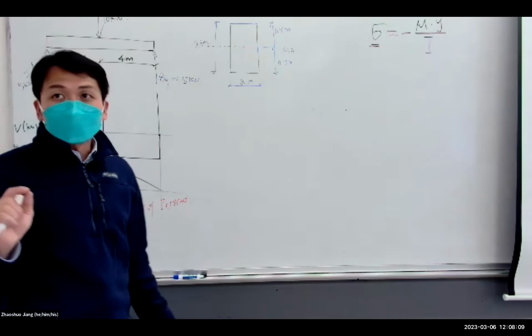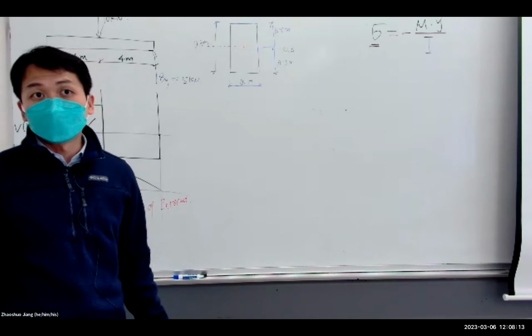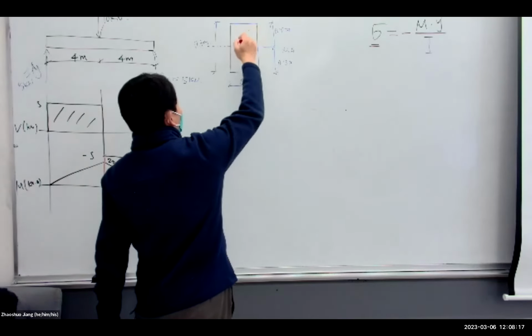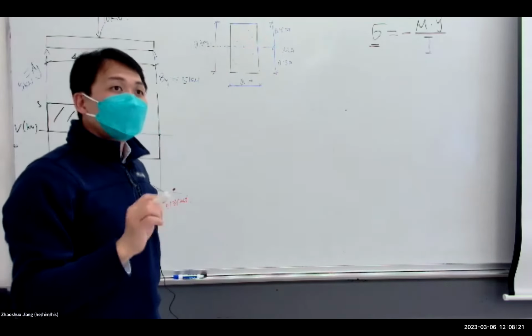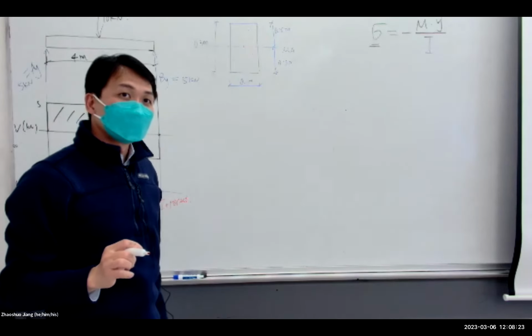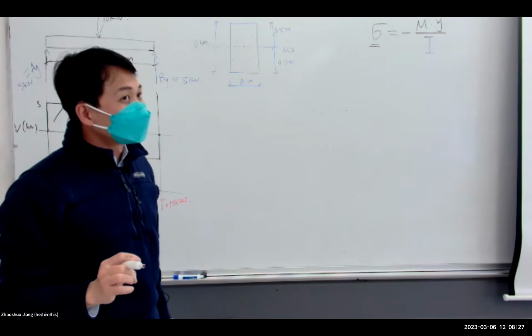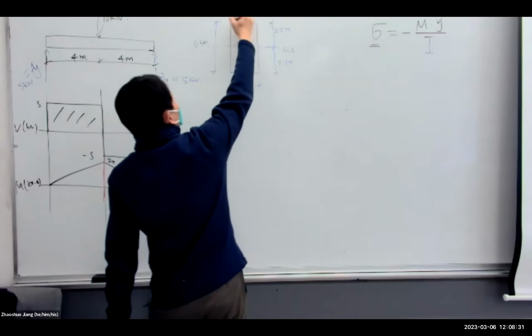The y is the distance between your neutral axis and the point of interest, right? So we have a limited number of points along this cross section. Which point has the maximum y? Yes, the tallest point, right?